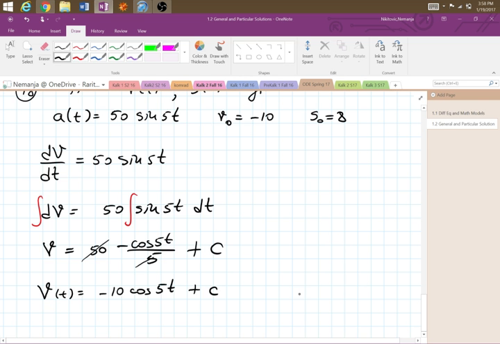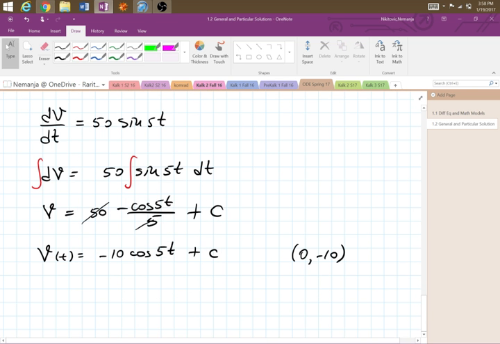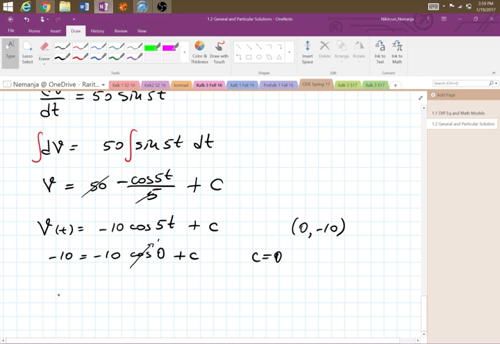And we have a point 0, negative 10. So we plug in negative 10 is equal to negative 10 cosine of 0 plus c. Cosine of 0 is 1, negative 10, so c is 1. That's what I said, please pay attention. C is 0, very good. And we have the particular solution v of t to be negative 10 cosine 5t.